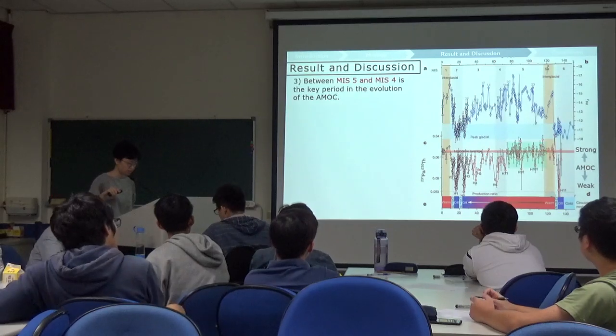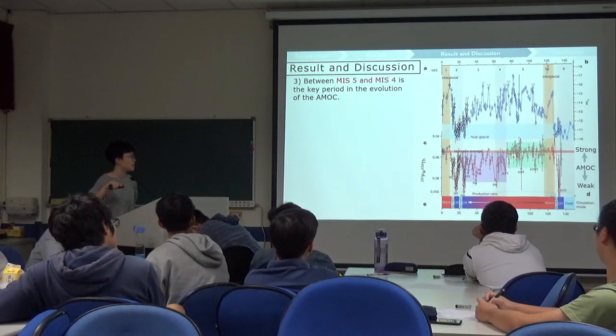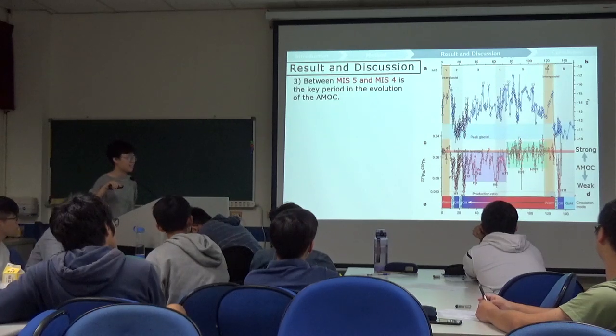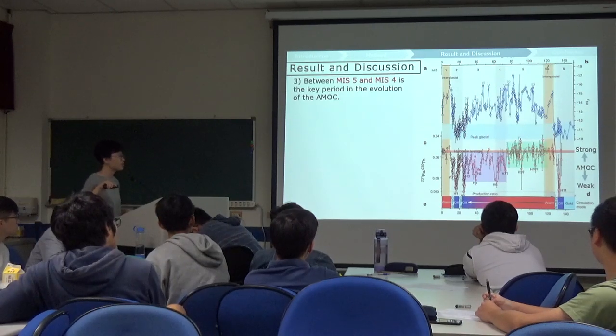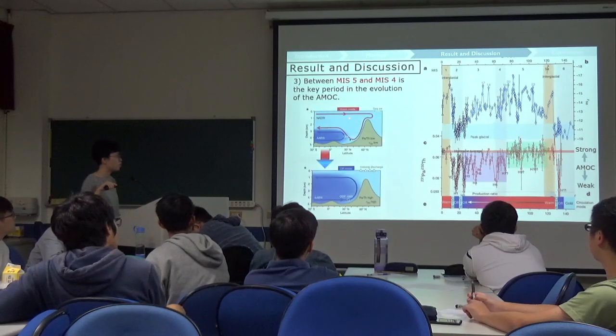Next, look at these 2 periods. We can see dramatically different values. Between these 2 periods is the key for AMOC to change from the warm mode to the off mode.